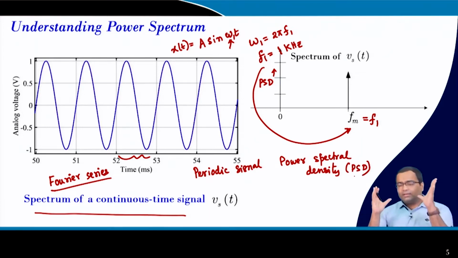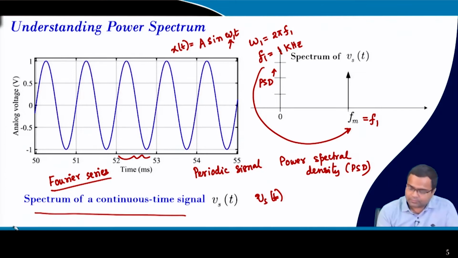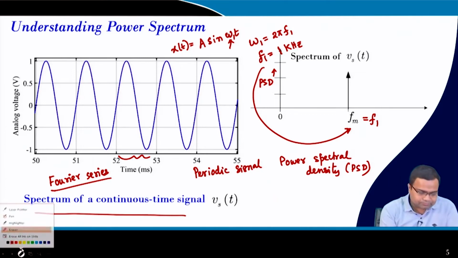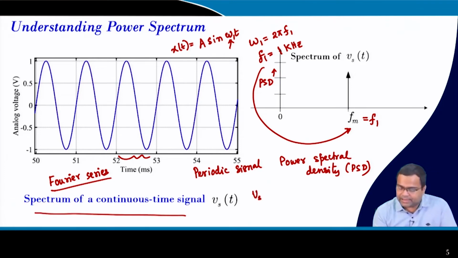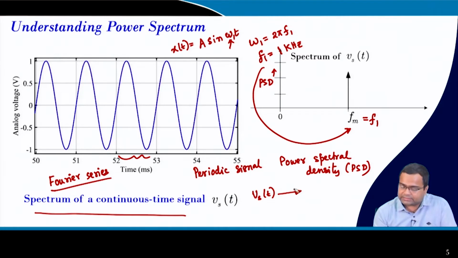How does it look like? So, power spectral density, if we write the Fourier, that means if x, in this case Vs(t), we pass through a sampler block, sorry, here we are talking about power spectrum, so we are not talking about any sampling.